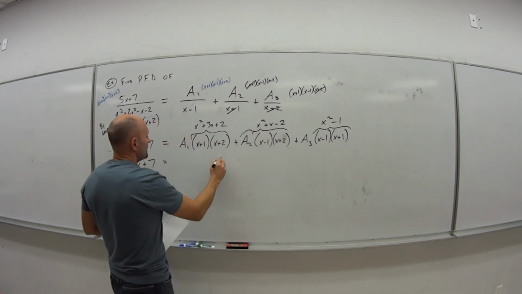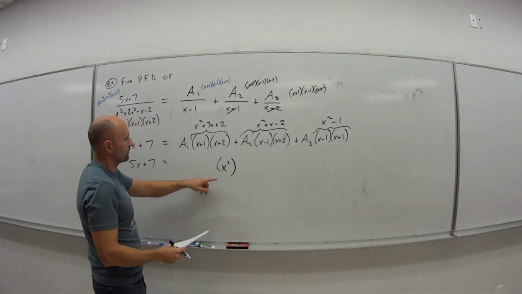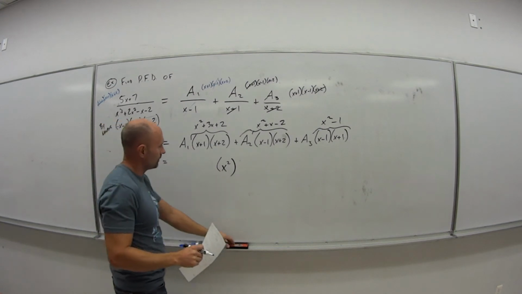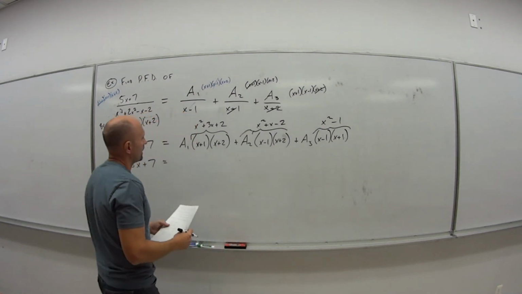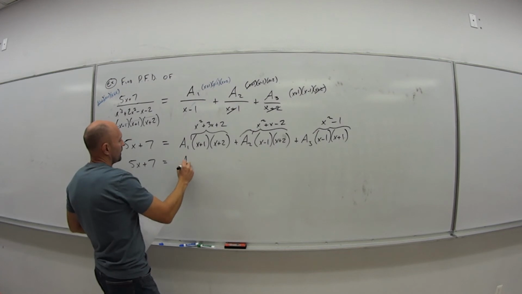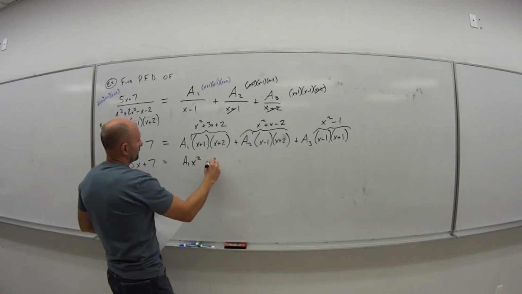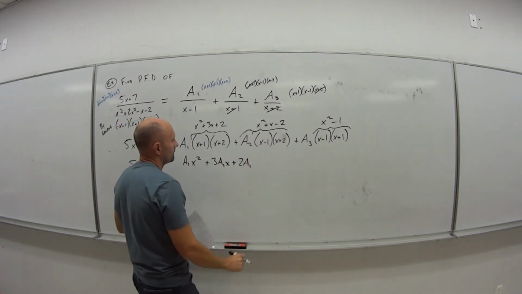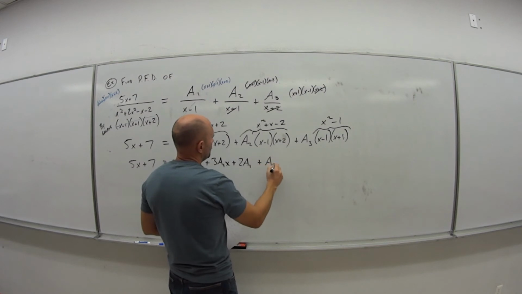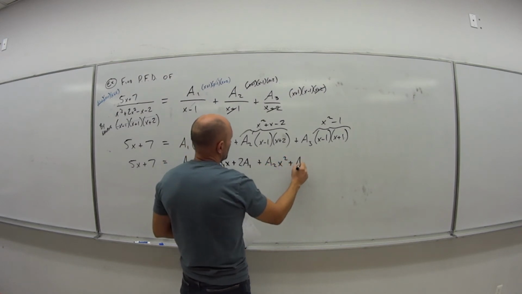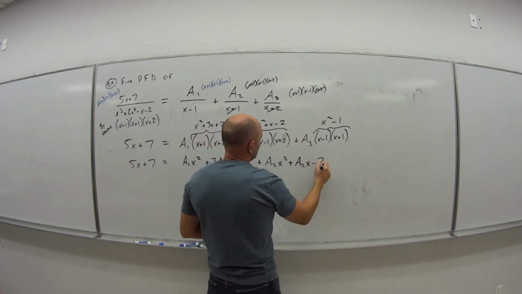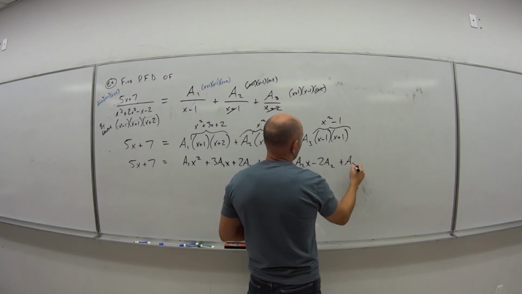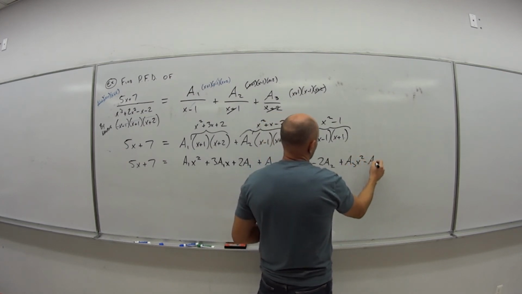Out of each of these pieces, I have an x squared. I'll do one more step, and then we'll show how it breaks down. So this is a1 times x squared plus 3 times a1 times x plus 2 times a1. Then plus a2 times x squared plus a2 times x minus 2 times a2. And then last but not least, a3 times x squared minus a3 times 1.